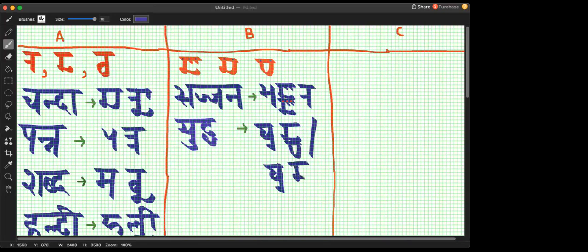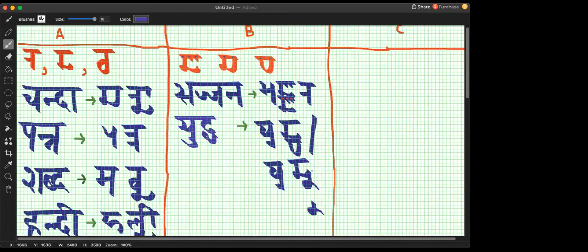I'll write it, and it can also be written like this. This is special for these three alphabets only. That is, this will be the conjunct at the bottom. Okay, this is the conjunct.